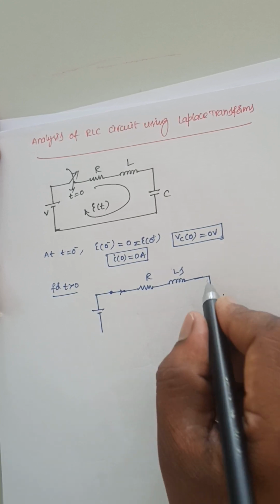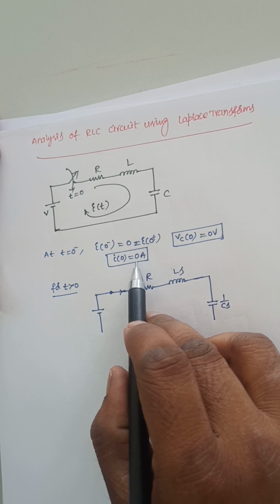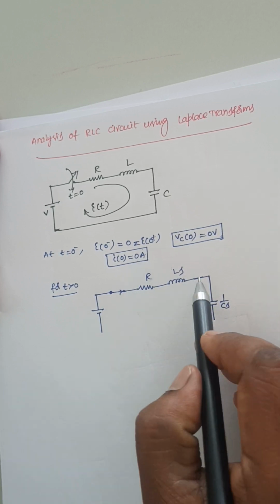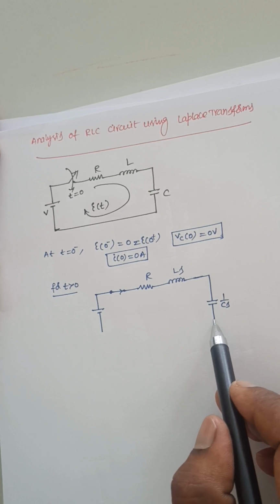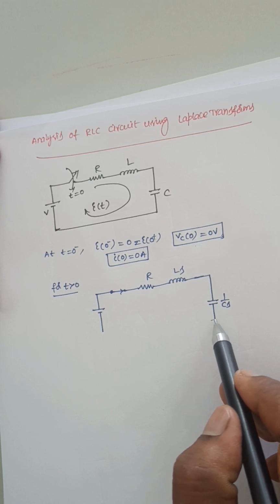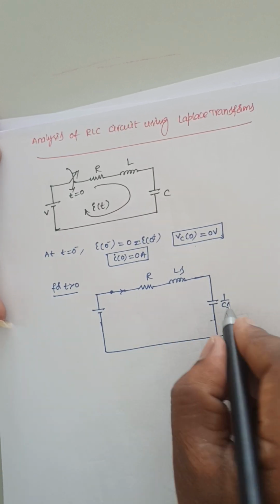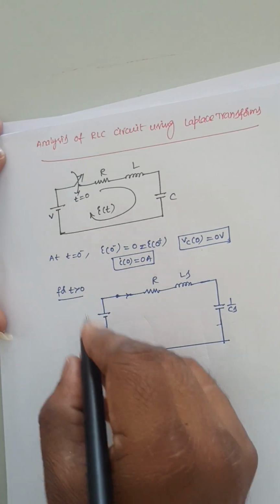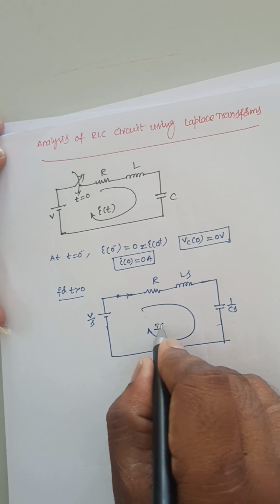There will not be any voltage source in series with Ls, because L into I of 0, where I of 0 is 0, is short circuited. See here, the voltage source value is V of 0 by s. V of 0 is 0, and 0 by s is 0. So there is no voltage source here also. Now this voltage source will act as V by s and this current is I of s.